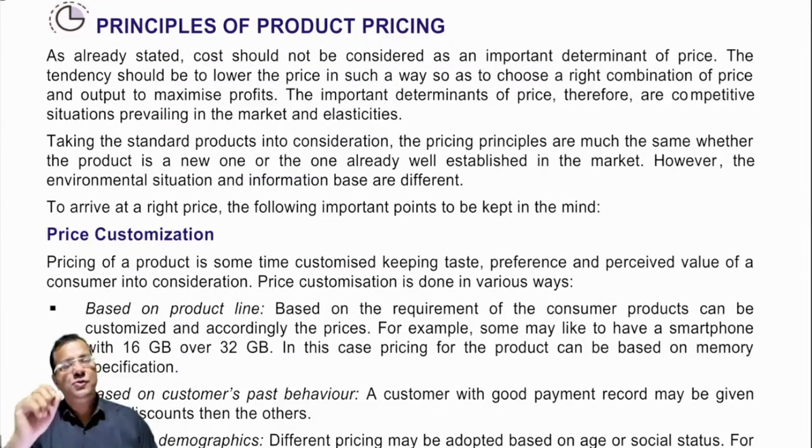Okay, beta, in the last session, we have derived this principle that the product which is providing us the highest contribution will be preferred. In other words, we have not considered the principle of total profit. In place of total profit, we have considered the total contribution.